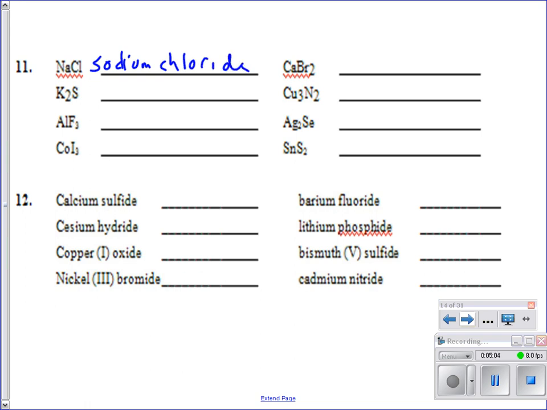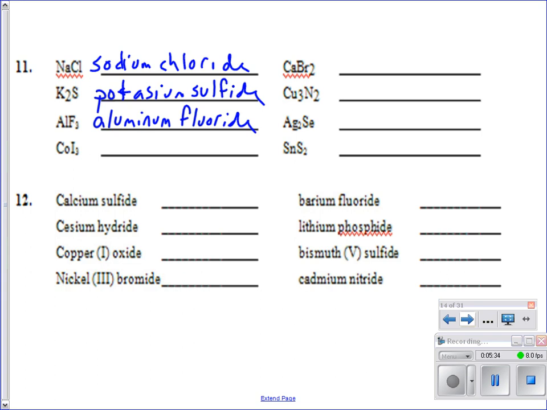All right, what about this one? What's this one? Potassium sulfide. What's this next one? Aluminum fluoride. All right.